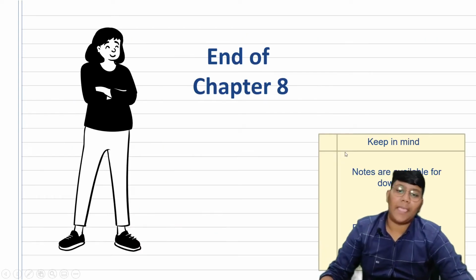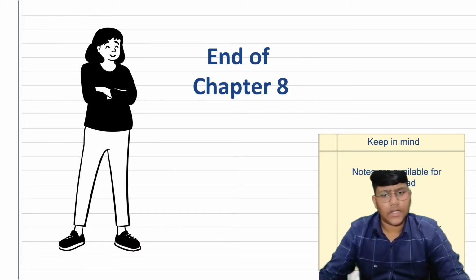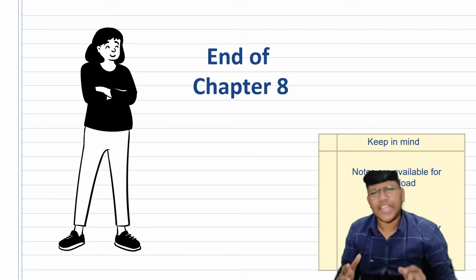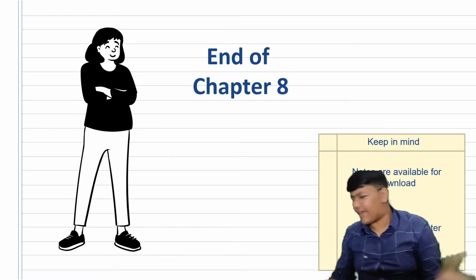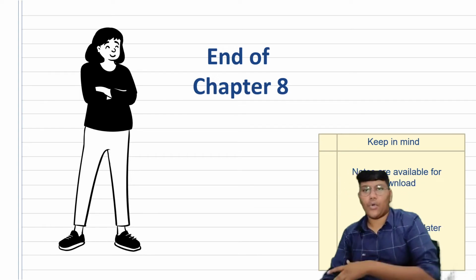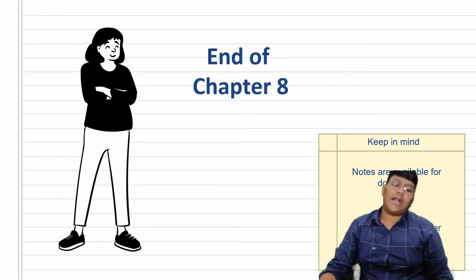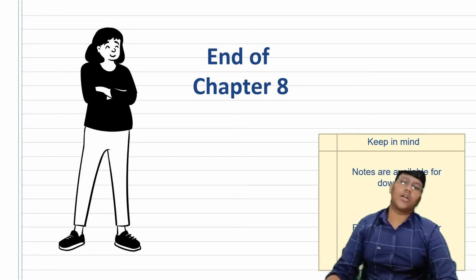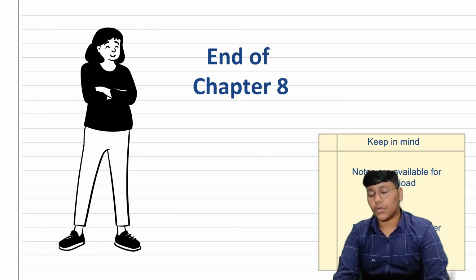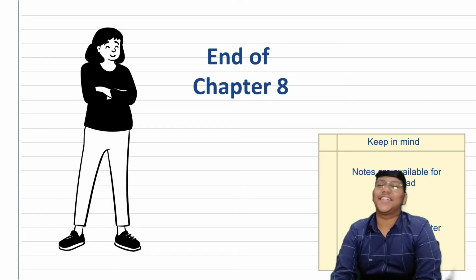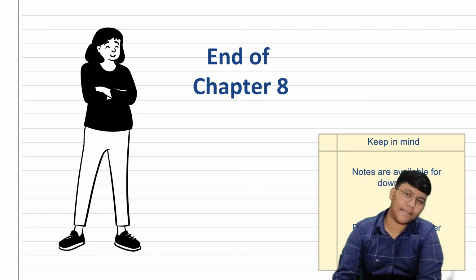Okay, this was chapter 8. We have completed our whole course, which was very easy and very short. You can revise it again and again, revise it before your exams, revise it now, revise it tomorrow, and notes are available for download. Practice some programs.